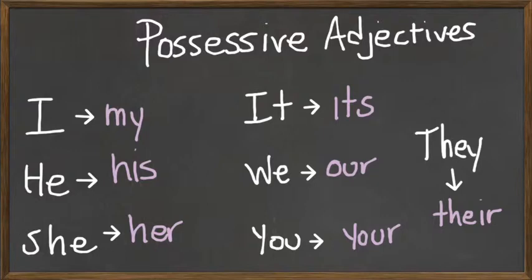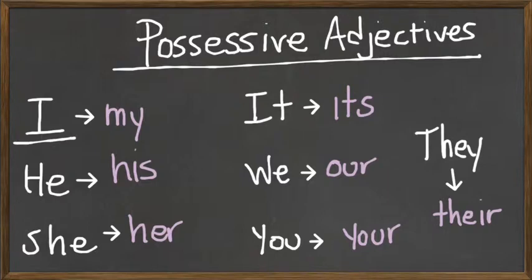Okay, we already saw possessive adjectives in a previous video. Just a little reminder. We have the subject pronouns that you already know, which are I, he, she, it, we, you, and they.